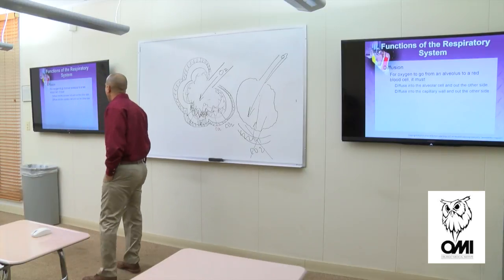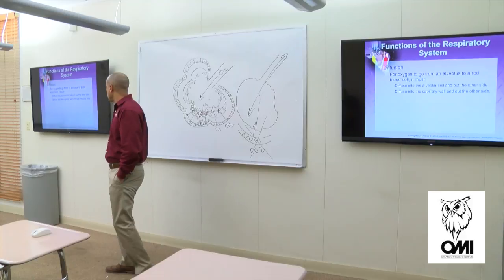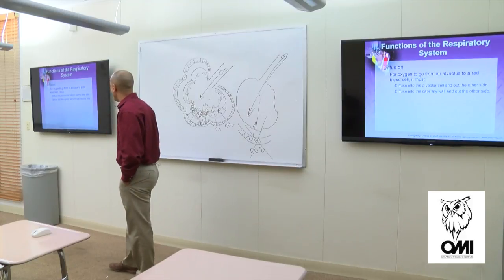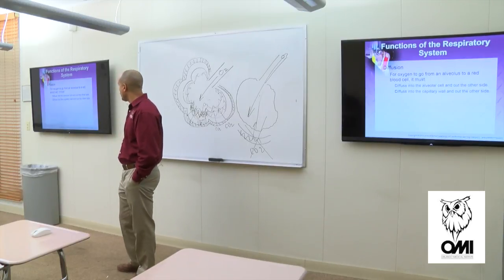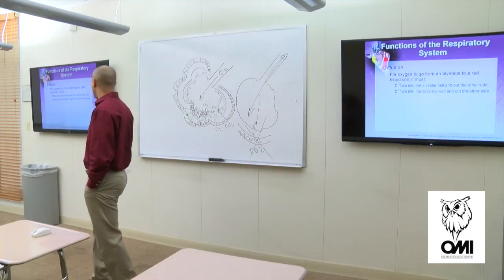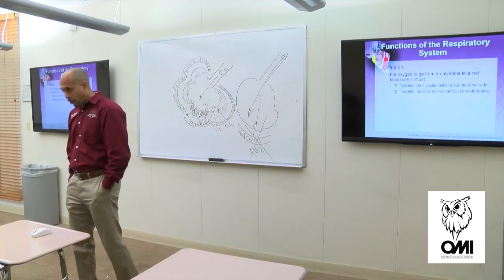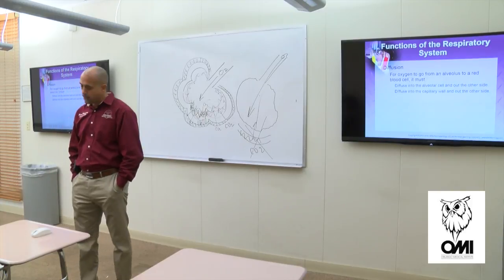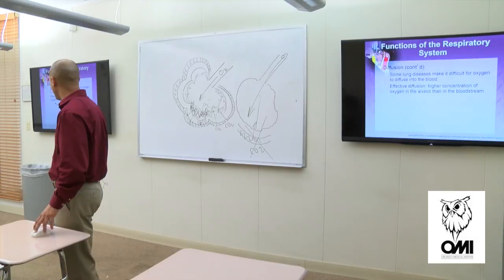Diffusion is the exchange of gases from the alveoli to the blood cell. Diffusion goes into the alveoli cells and out the other side, then into the capillary wall and out the other side. So in a nutshell, O2 comes in, CO2 comes out. If that process happens, that's diffusion.